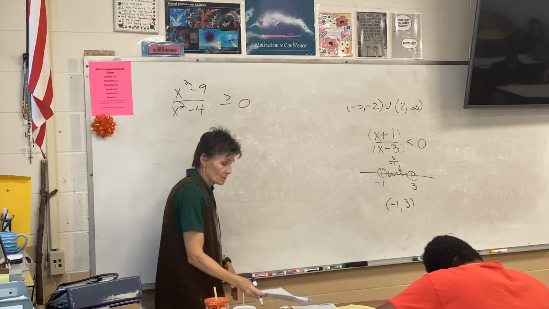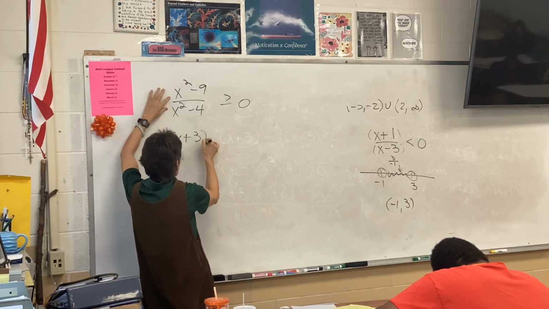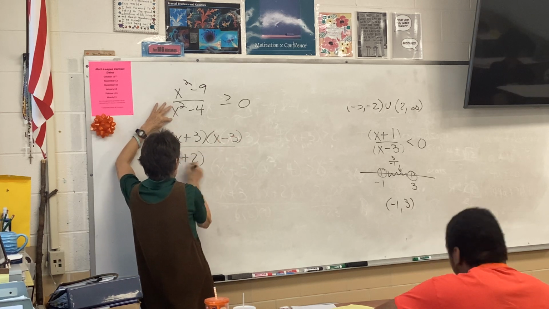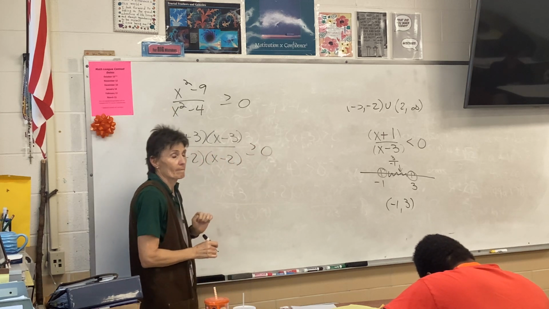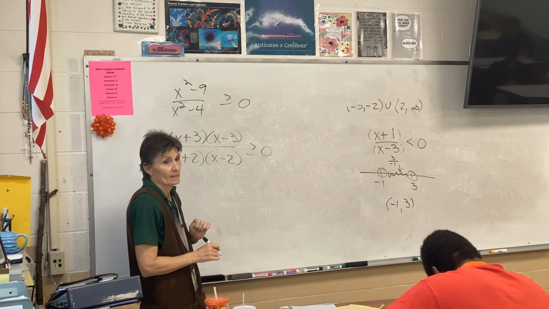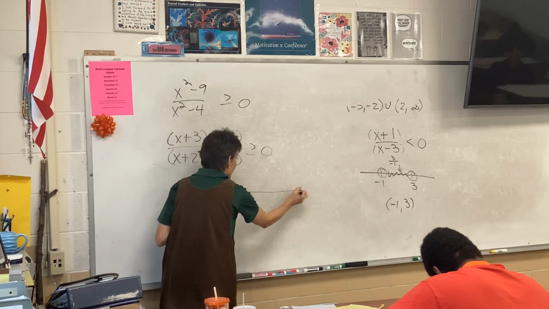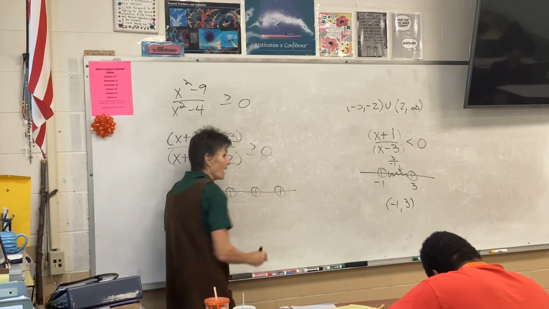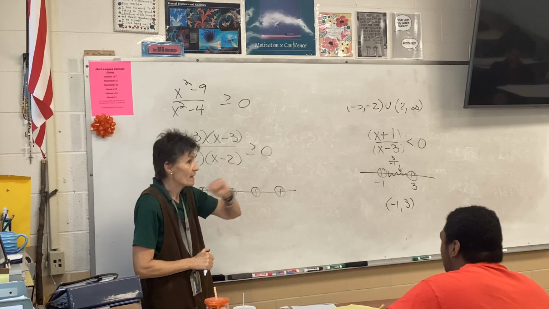My top factors, x plus 3, x minus 3, and my bottom as x plus 2, x minus 2. Nothing cancels. So therefore, my number line is going to have 1, 2, 3, 4 dots. Does that make sense to everybody? 4 x's. Every x gets a dot.